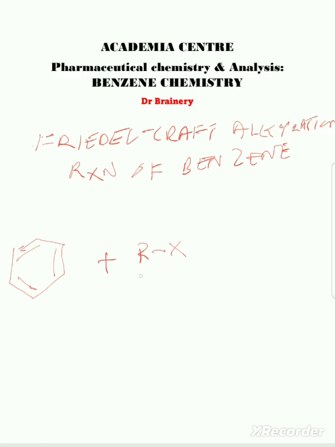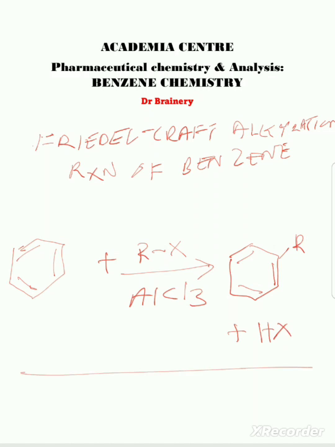There's an alkyl group and also a halide there. Then in the presence of a catalyst known as aluminium chloride, we are going to have this, where this R, the alkyl, is the electrophile there, plus hydrogen halide. So this is the general reaction of our Friedel-Crafts alkylation reaction of benzene.